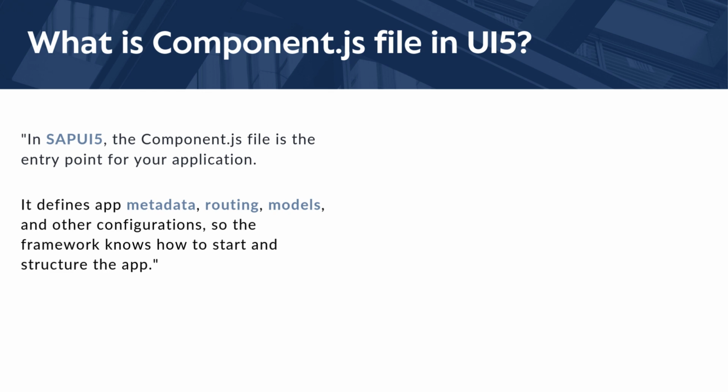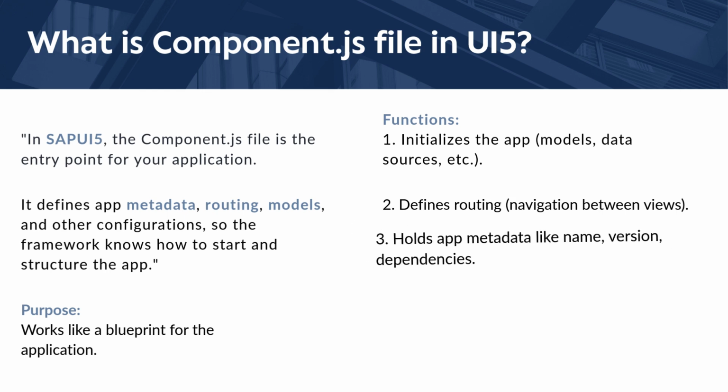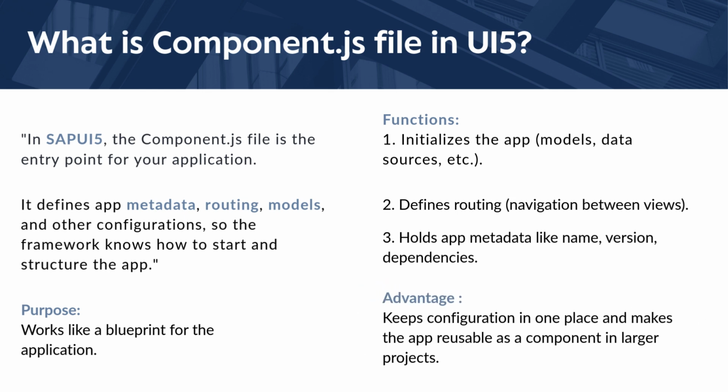It works like a blueprint for the application, and it initializes the app models, data source, and more. And it defines routing, navigation between views, and it holds app metadata like name, version, and dependencies. So the advantage is it keeps configuration in one place and makes the app reusable as a component in larger projects.